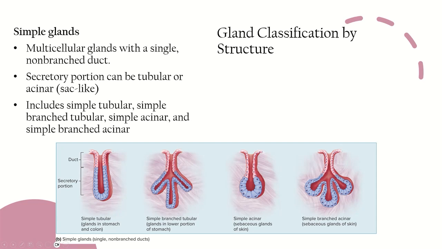There are acinar glands, like the sebaceous glands of the skin or milk glands in the mammary tissue. They are more sac-like. And then there are simple branched acinar glands. So that's kind of straightforward, not too bad, but they're all multicellular.